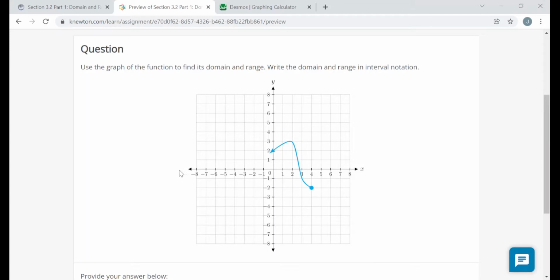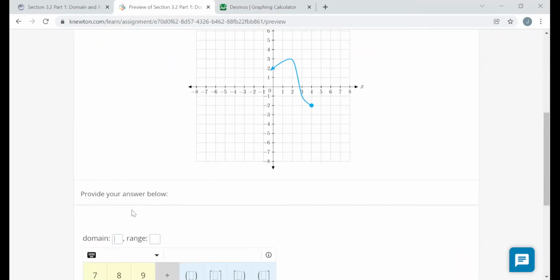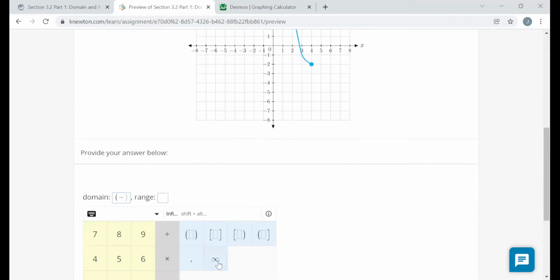So every value from -infinity up to 4 on the x-axis is used as an x-coordinate in this graph, and that's a solid point there at 4. So from -infinity up to 4, so parentheses, -infinity, comma 4, and then a bracket, there's the domain.